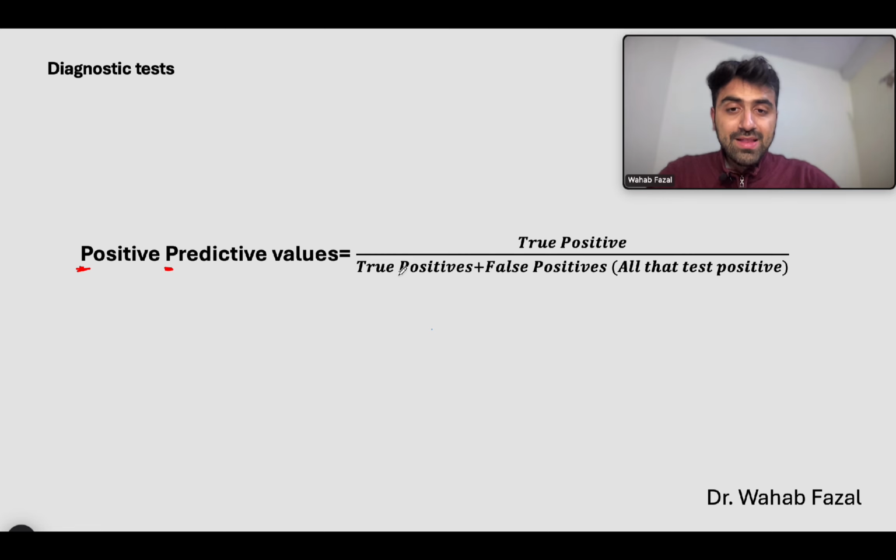The formula also has two P's in the denominator: true positive plus false positive. True positive over true positive plus false positive. Positive predictive value has two P's, and its denominator also has two P's.